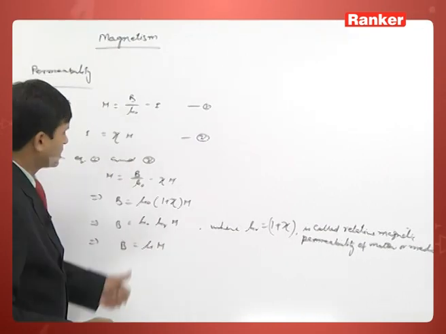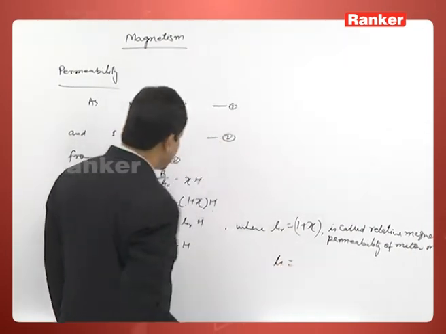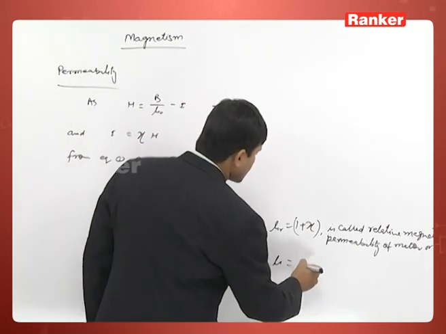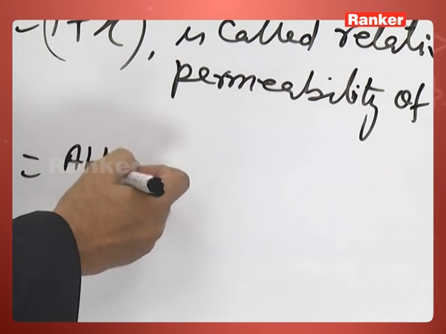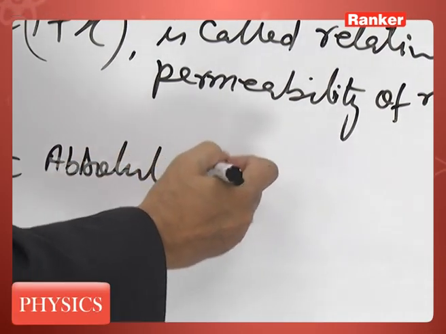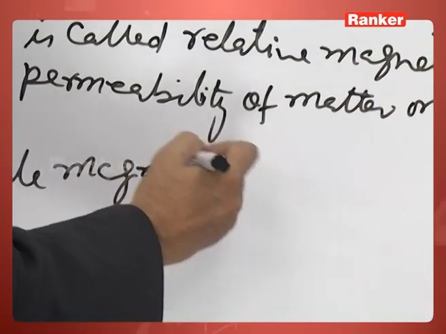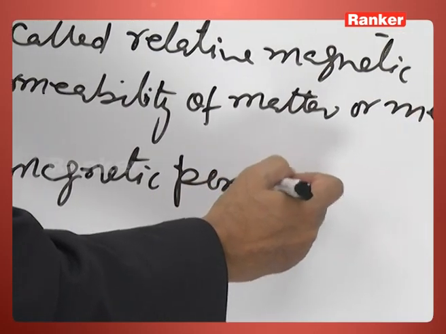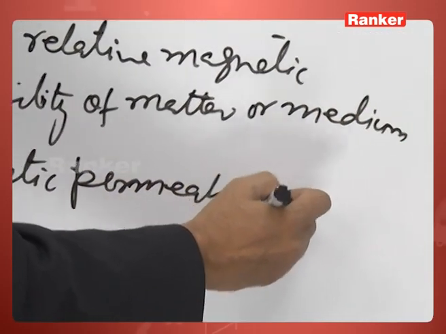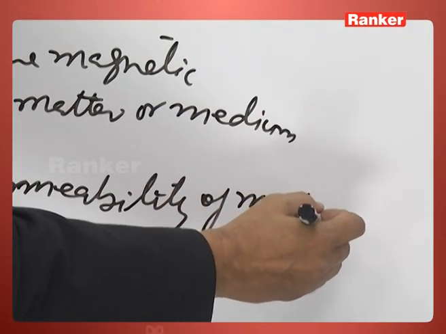And here mu is defined as the absolute magnetic permeability of medium.